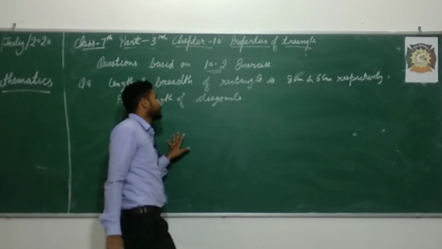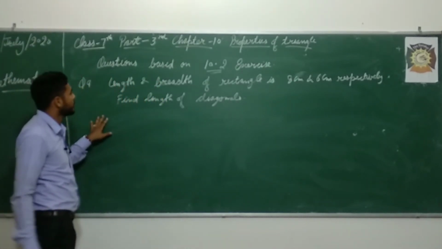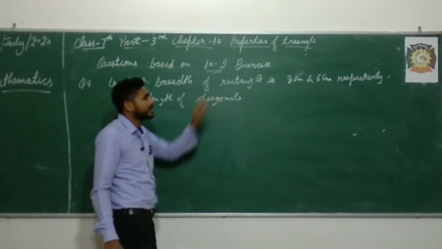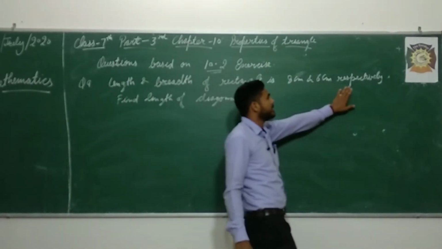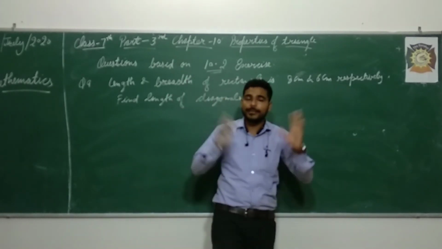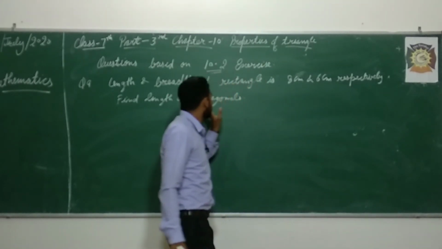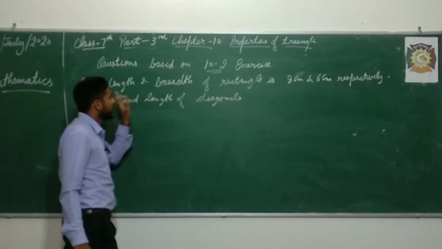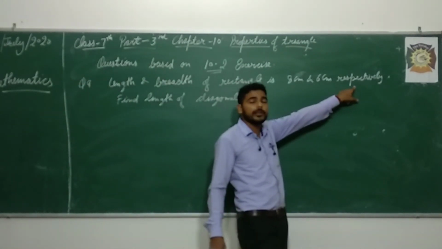Now students, the last question of today is: length and breadth of a rectangle are 8 cm and 6 cm respectively. But first of all you have to read the statement with full concentration, that here it is written respectively.